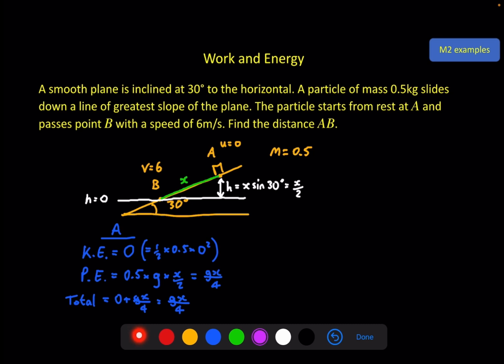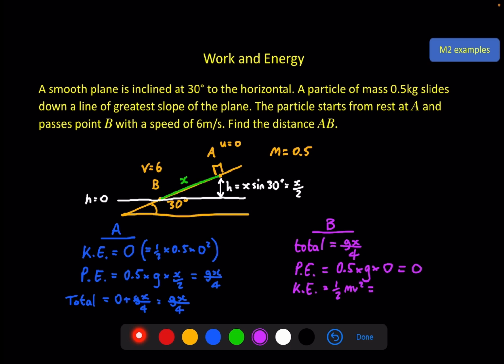So now as I consider point B, we know the total energy must be the same, gx over 4. Nothing's been taken out of the system, nothing's been put in. And we know the potential energy is 0 because we've got mass times g times 0 height compared with my 0 height level, and the kinetic energy is equal to a half mv squared.